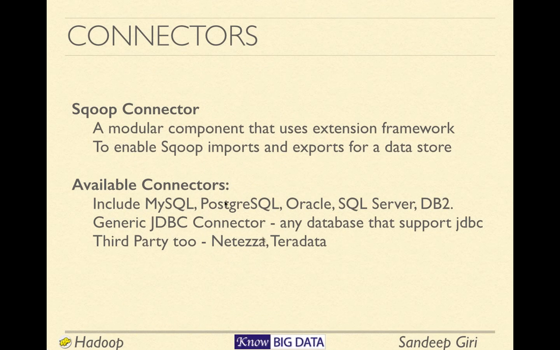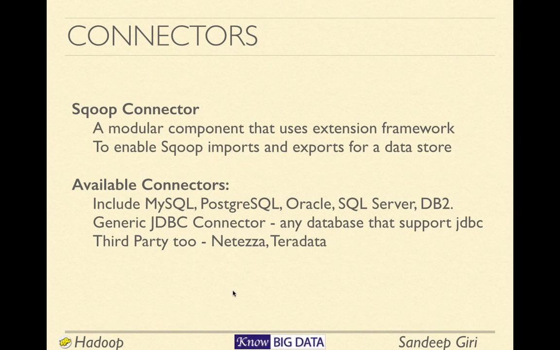So Sqoop is modular, and you can define your components and use the extension framework to enable Sqoop imports and exports for the data store. In very simple words, using this methodology called connector, just like JDBC connector drivers, it also provides you a connector mechanism.